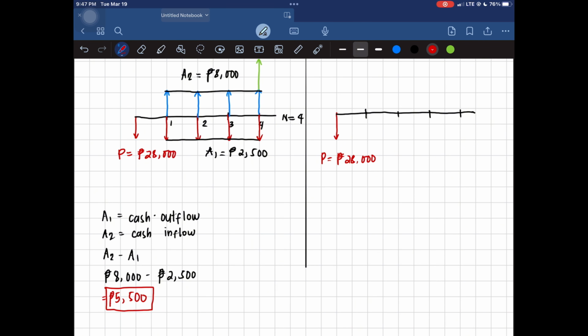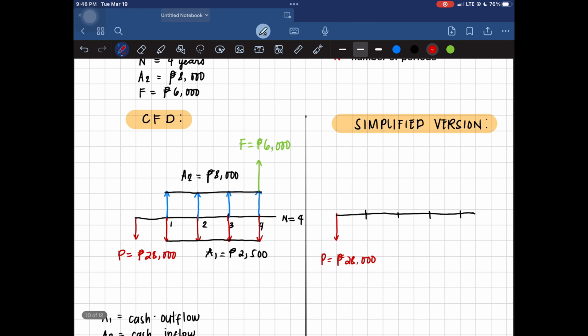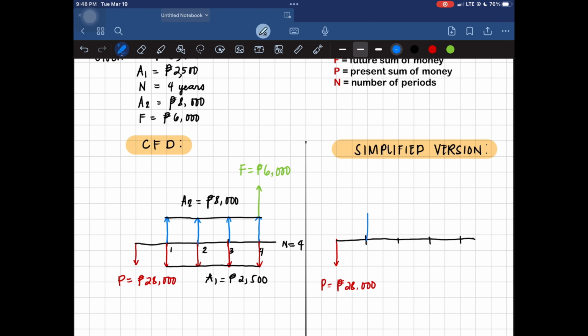So let us put this one in our time scale. This will be the amount of our cash inflow. So this will be represented by an upward arrow. Let's place 4 upward arrows here, one for each year. Oh, I'm sorry, I forgot to put the numbers here. So 1, 2, 3, and 4.